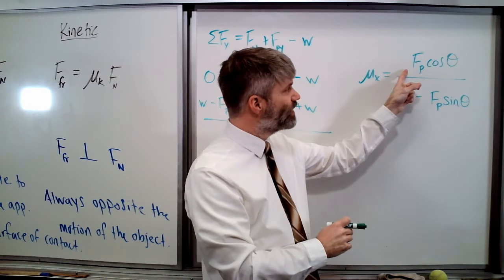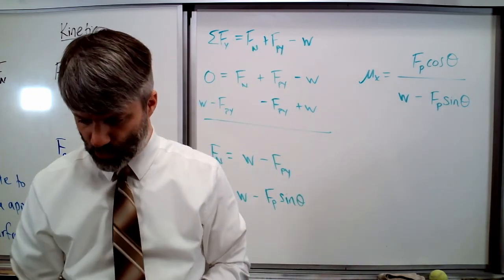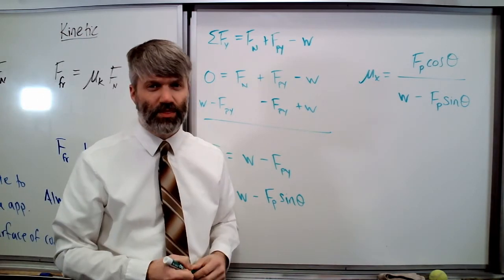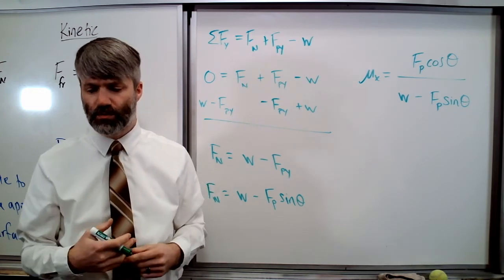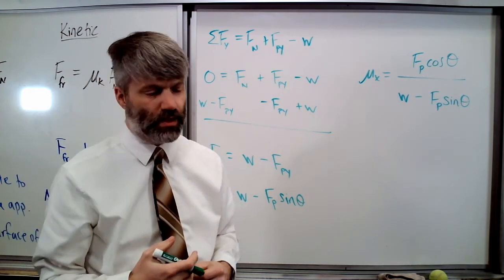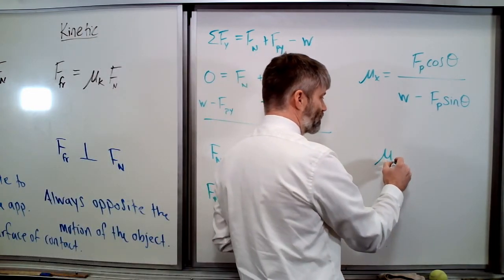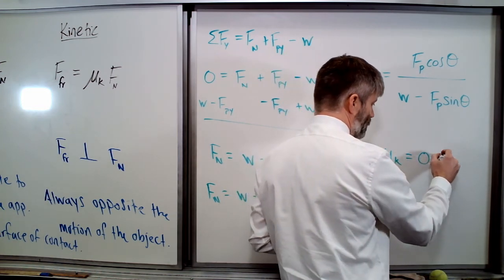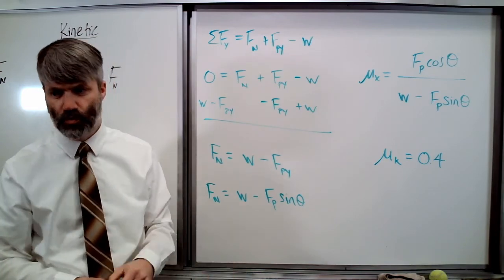At this point, knowing Fp and theta and the weight, we can put our values in and we will get a value of about 0.39997 something. So we'll take that up to about 0.4 for the coefficient of friction. Et voilà, voici la réponse.